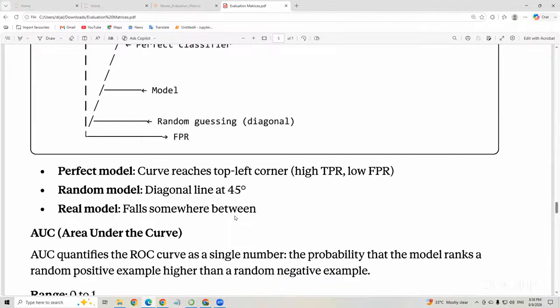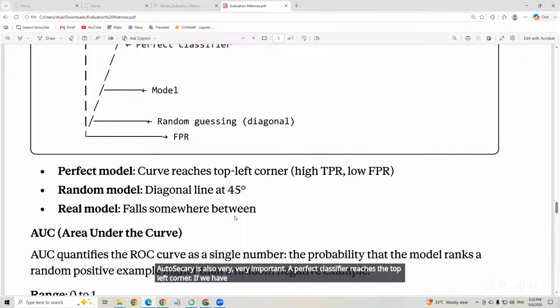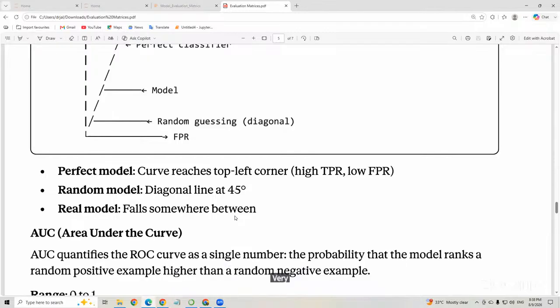The understanding of the ROC curve is also very, very important. A perfect classifier reaches the top left corner if we have the perfect classifier. So this will always be the top left corner. Okay, why? Because of very high true positive rate and very low false positive rate on the basis of these values.